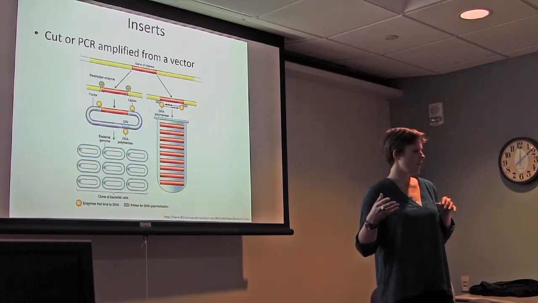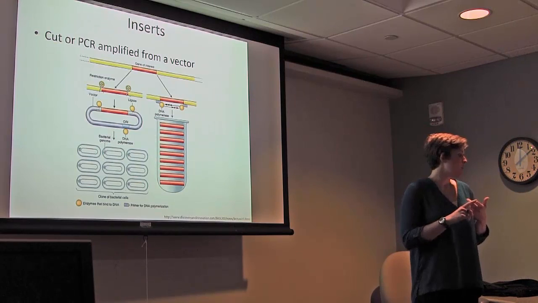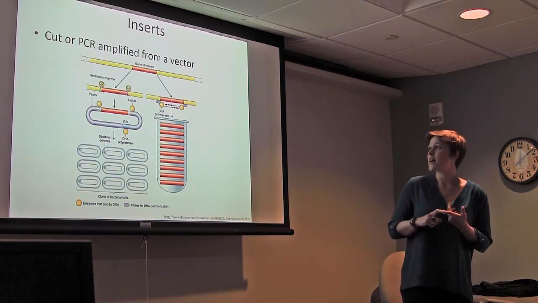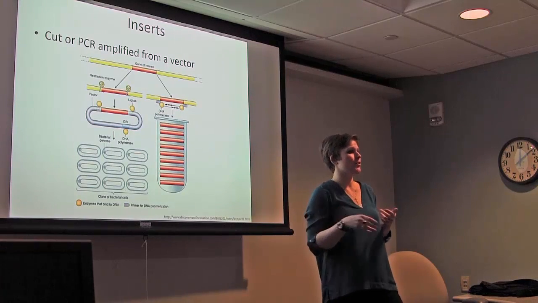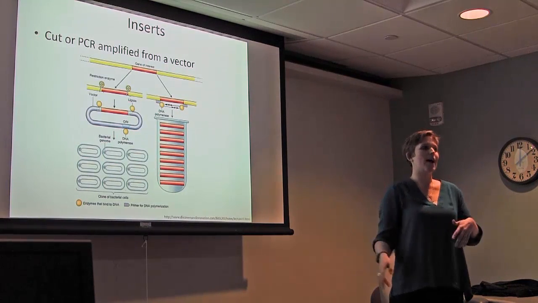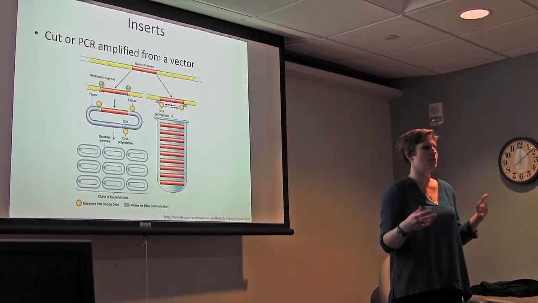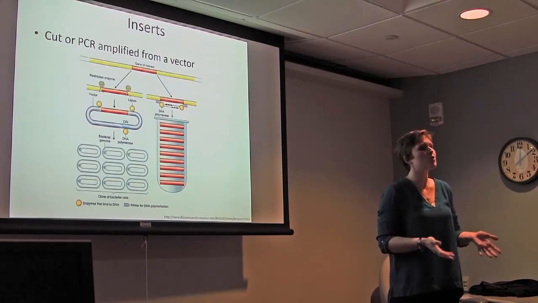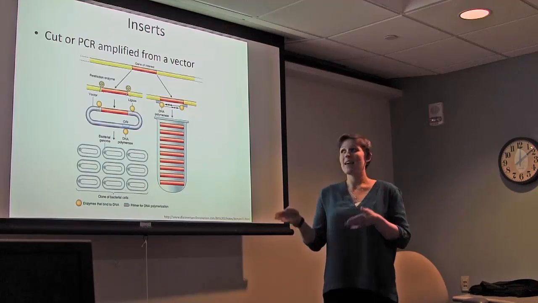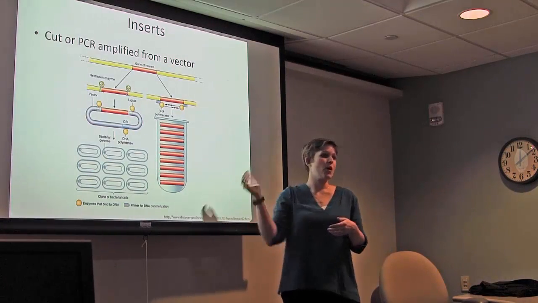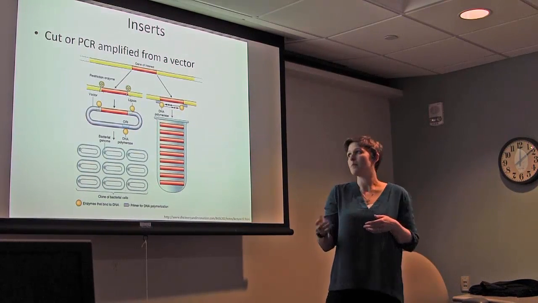I mentioned them earlier, but the first thing you can do is cut or PCR amplify your gene of interest from a vector. Say you've got a vector in your lab, a pcDNA 3.1, just a plain old overexpression vector, but you want a GFP tag. You can take your gene of interest right out of that plasmid.